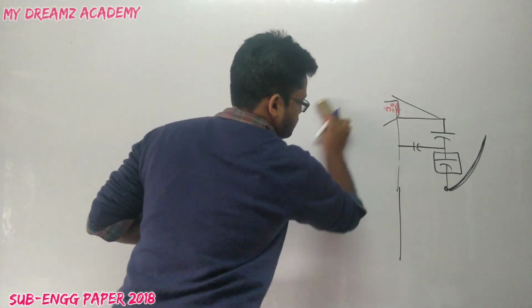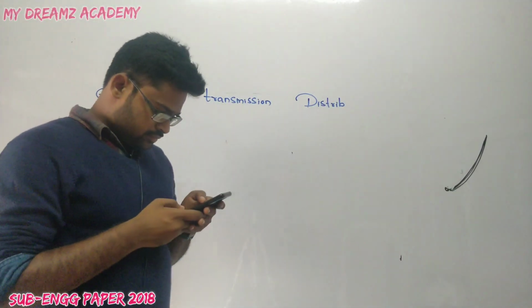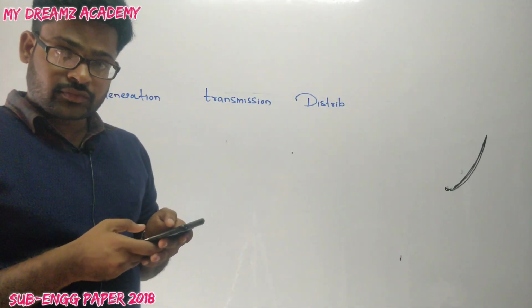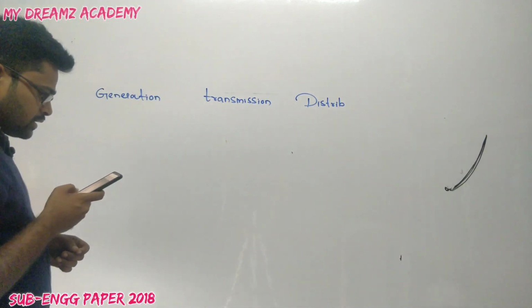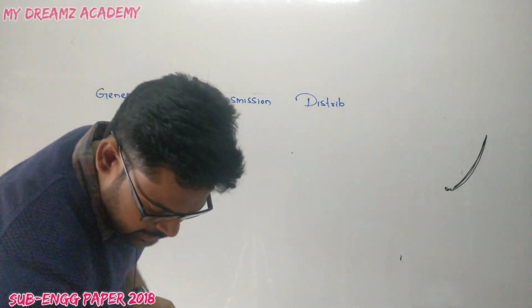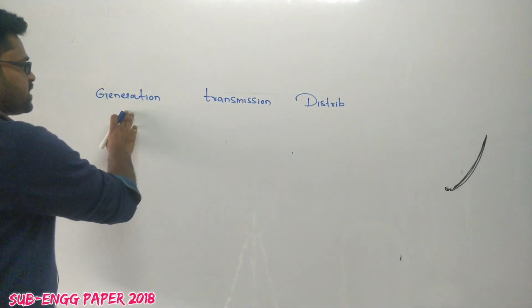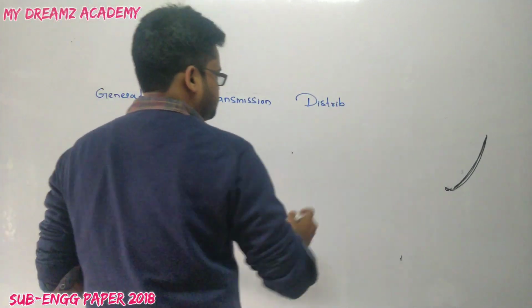The 12th question is the type of distributor used in residential areas. So we have a generation, transmission, and a distribution system.